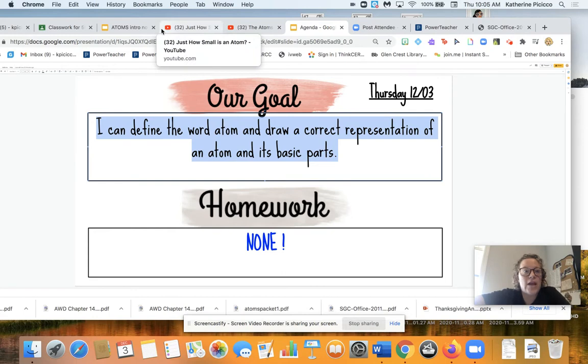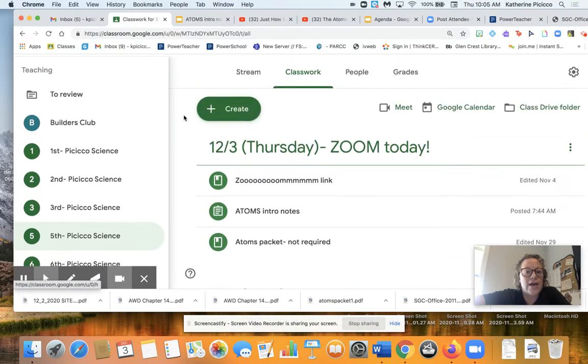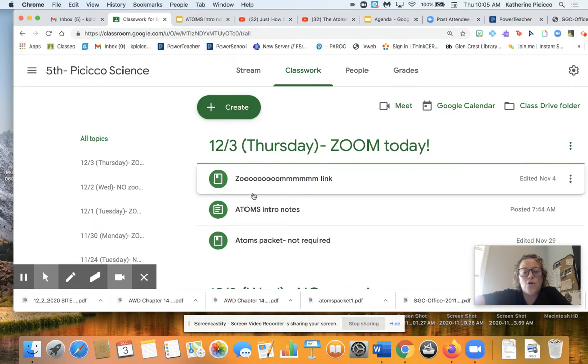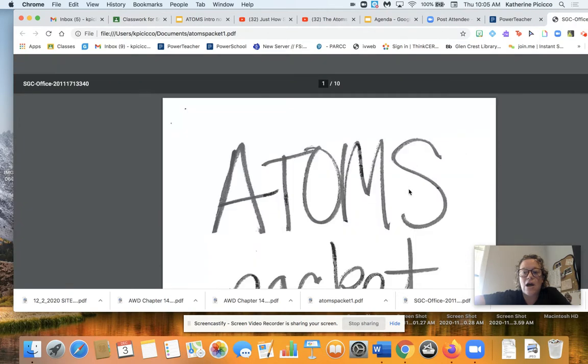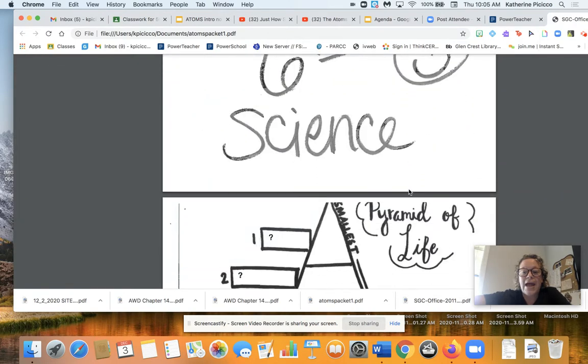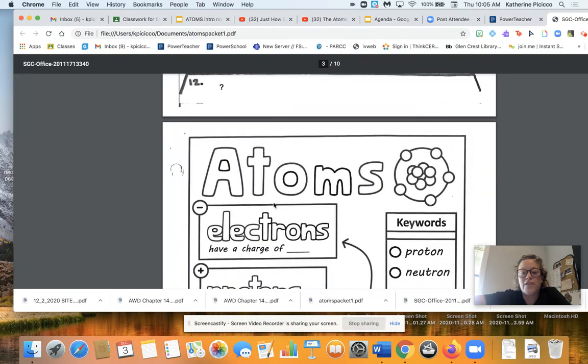So, the very first thing I want you to do, and there's two options, is you can either go into Google Classroom, and if you notice today, you've got Atoms intro notes, and there's that Atoms packet that we've talked about that you could have printed. If you did print off the Atoms packet, I want you to get it right now. We're basically going to go past this triangle, this pyramid, and go to the sheet that says atoms.